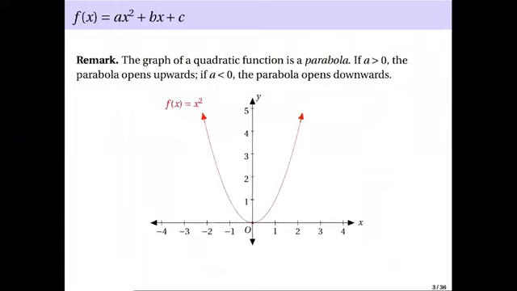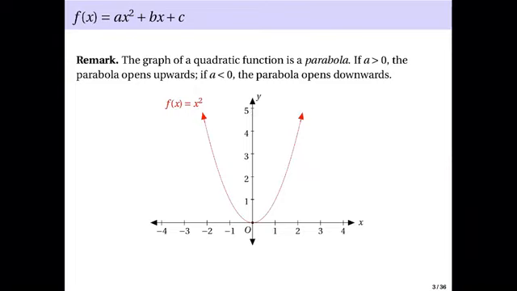Okay? So this is an example of a quadratic function and its graph. We have the function f of x equals x squared. Here you see the coefficient of x squared is 1, and 1 is a positive number, so this is a parabola and it opens upwards.